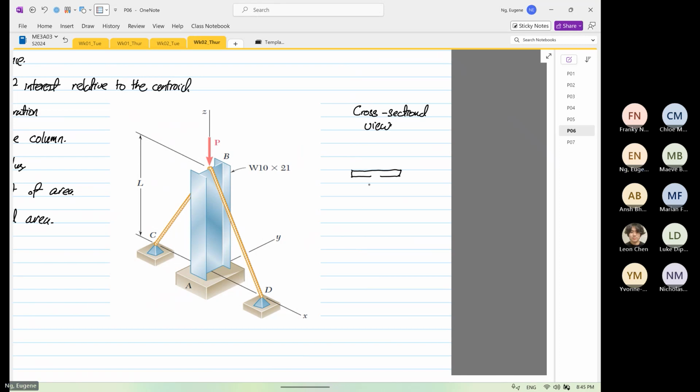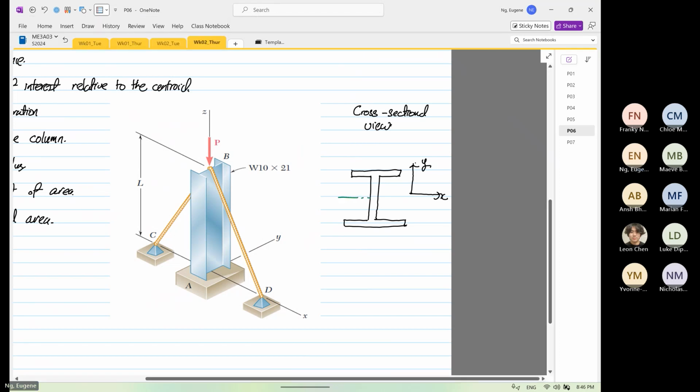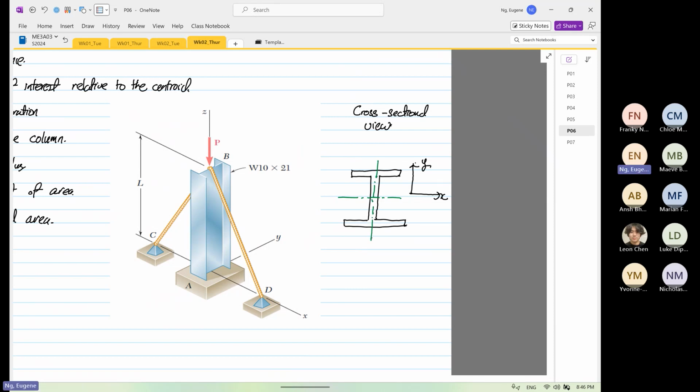It's an I. And if we put our axes in, this is our X and Y. By visualization, we know that the green lines I drew are all our centroid.